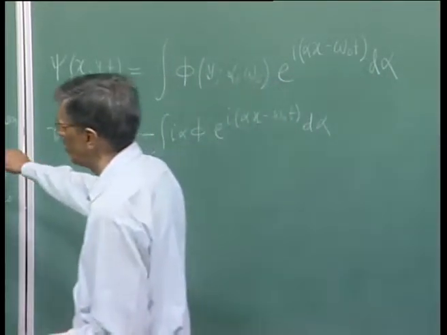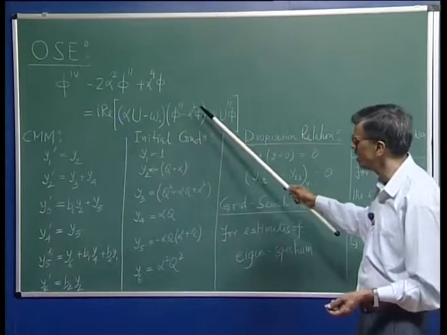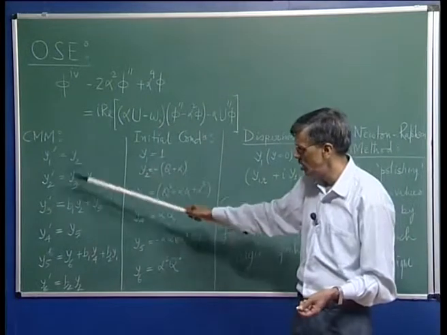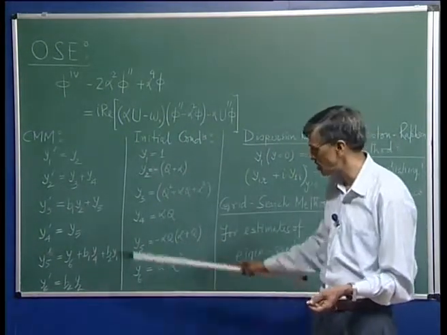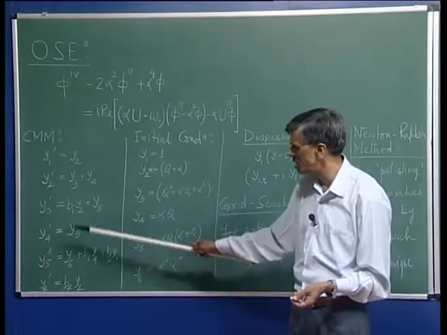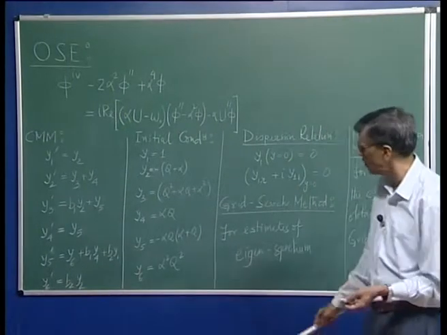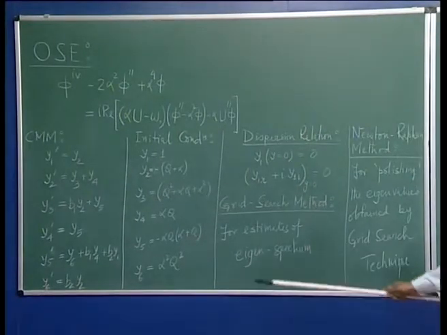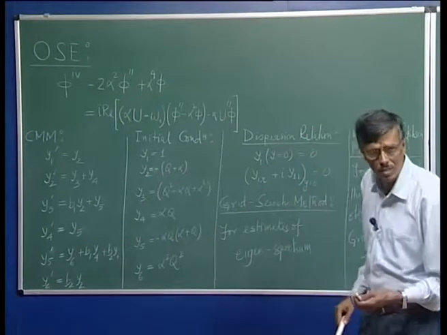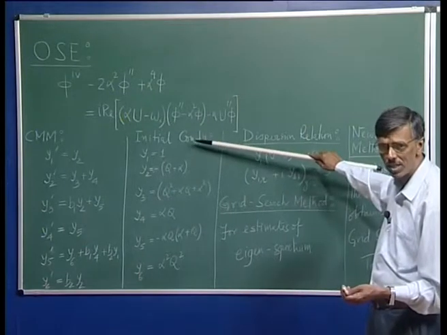So, that is what we need to keep in mind. What we did was note that this was a stiff differential equation. We converted it into this set of 6 first order coupled ordinary differential equations for the compound matrix variables y 1, y 2 to y 6. These variables satisfy the free stream condition, and that constitutes the initial condition.